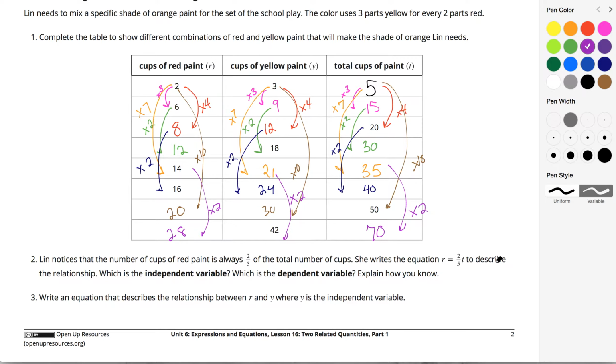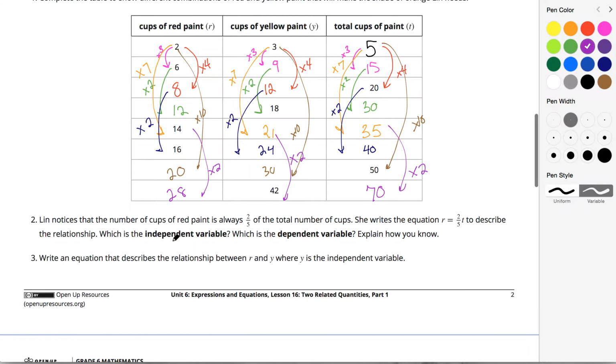So our next piece we're going to work on now is this question 2, which is going to bring in that idea of the independent and dependent variables. So Lynn noticed that the number of cups of red paint is always 2/5 the total number of cups. Can you see that? So for example, here's the red paint.